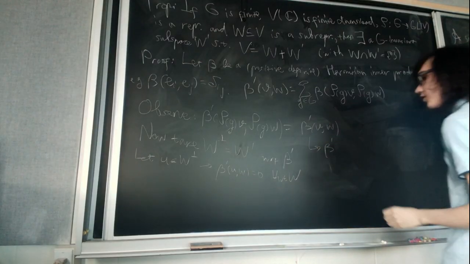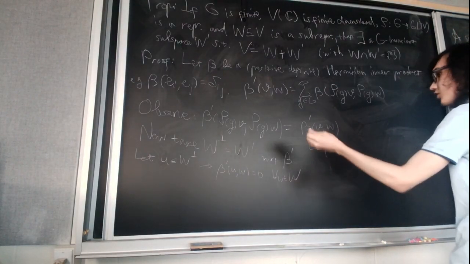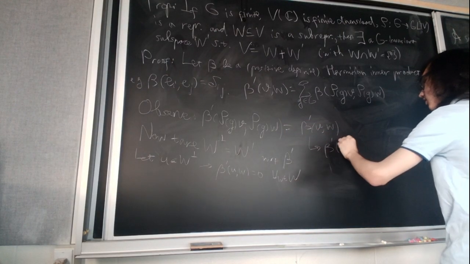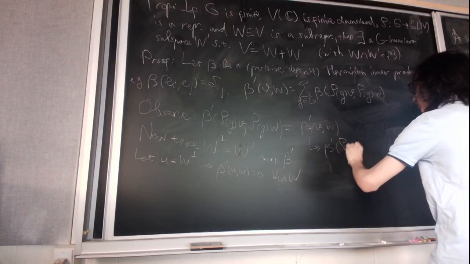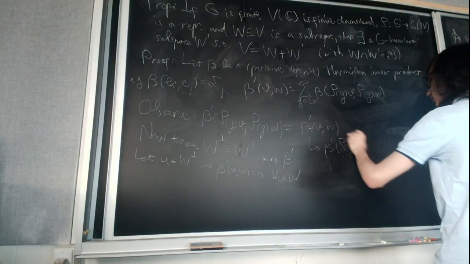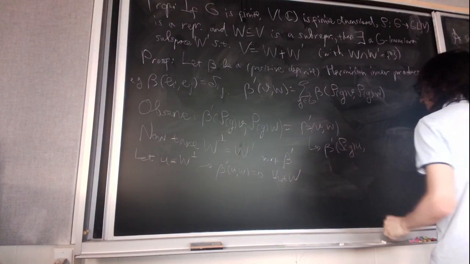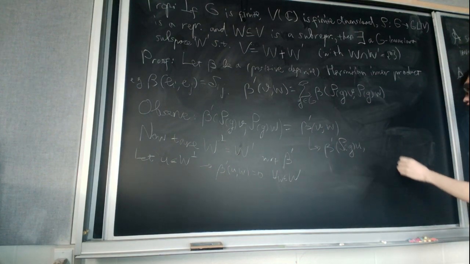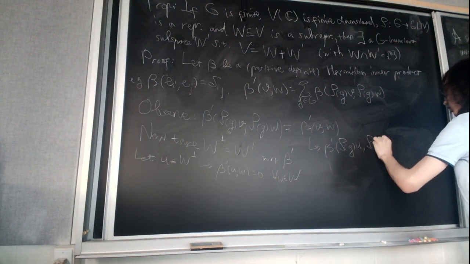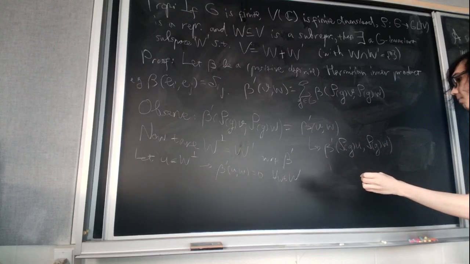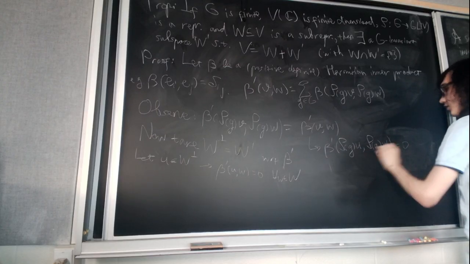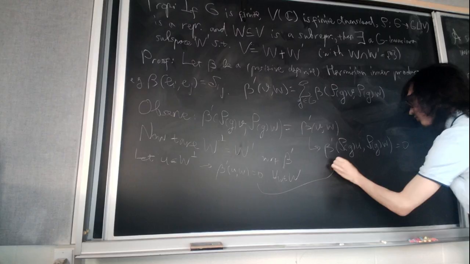This implies that we can just multiply everything by g. So we have rho of g of u, rho of g of w, and this is again equal to 0.